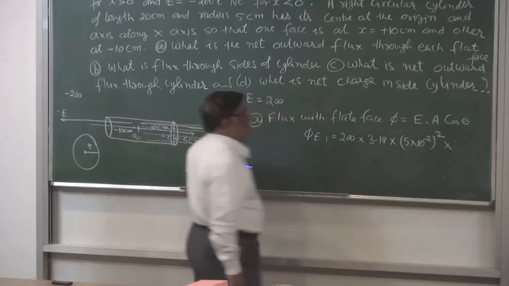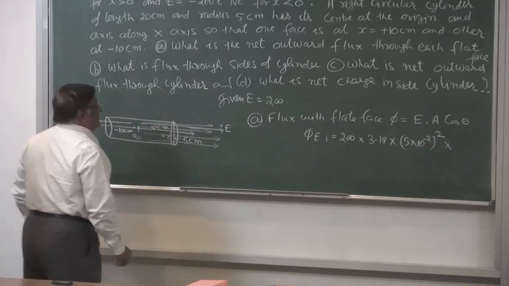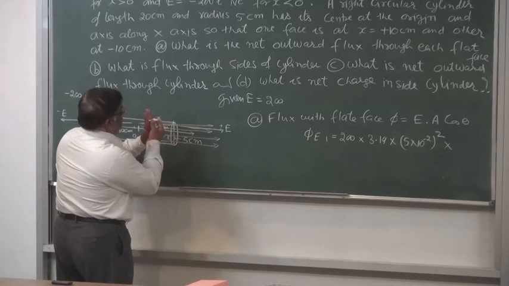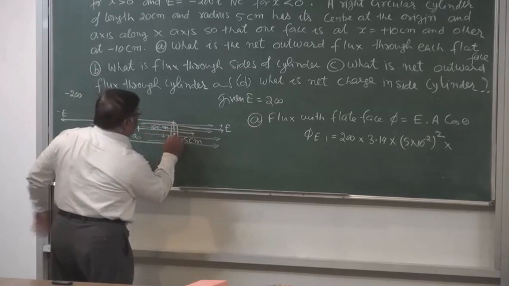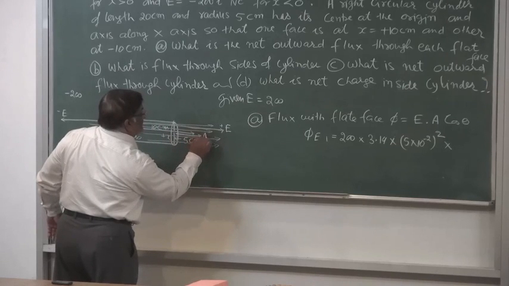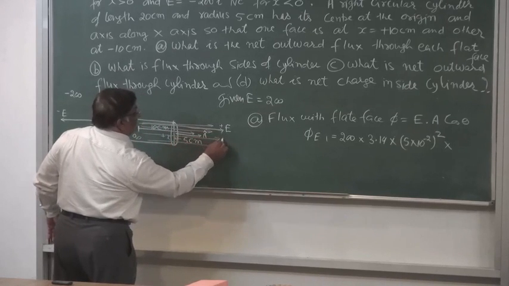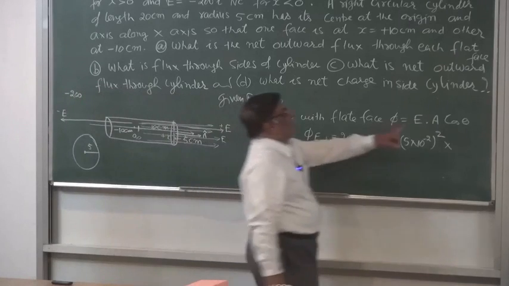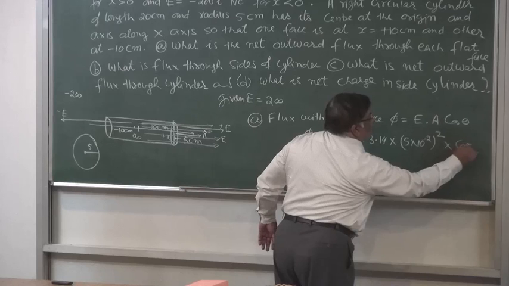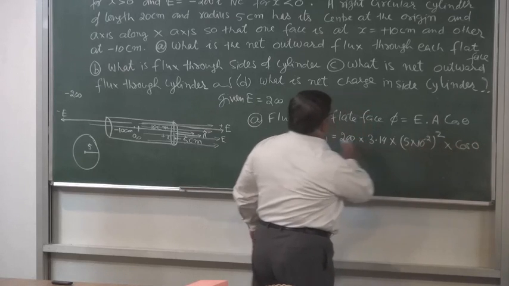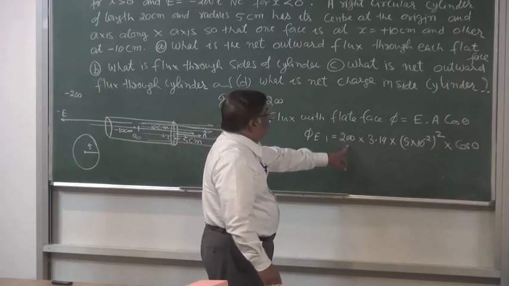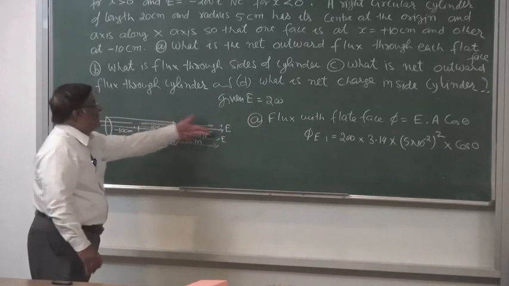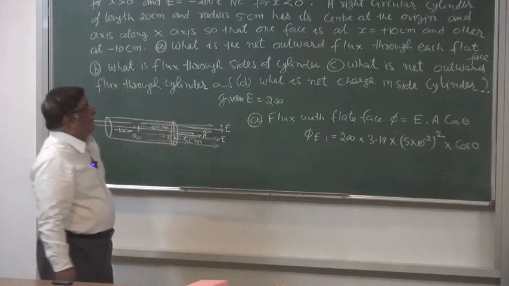Now cos theta. Where is the area vector? Answer, this is the surface area like this, so this is the area vector. This is the area vector and this is E. What is the angle between them? 0 degree, so this will be cos 0 and cos 0 is equal to 1, which will not make any change. So this is the flux. What is the direction of this flux? Answer, the direction of flux is outward from the face.